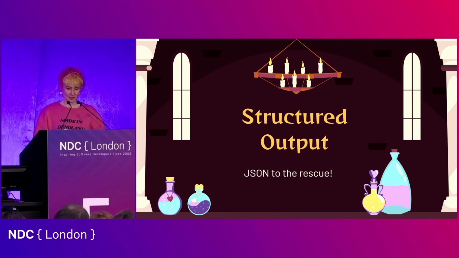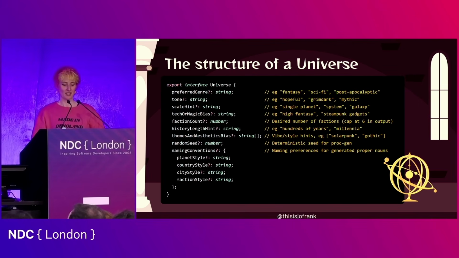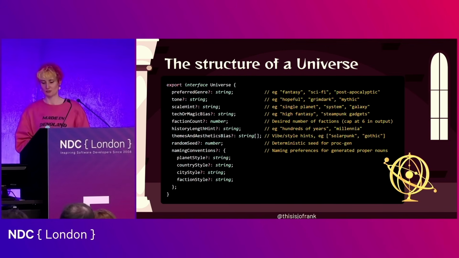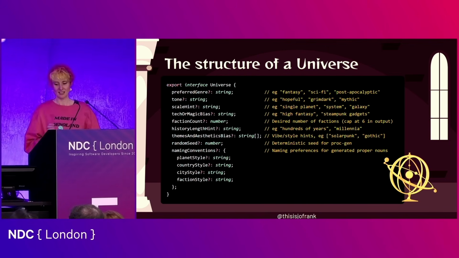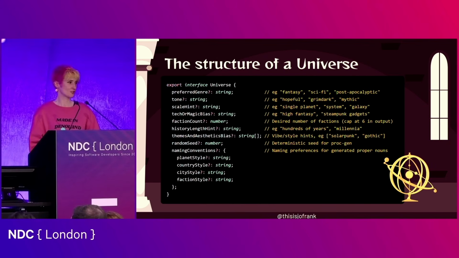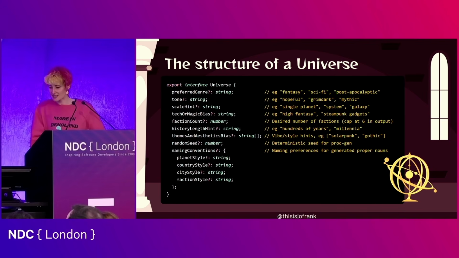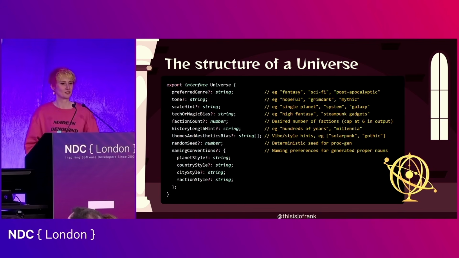So let's have a look at a type for a schema to fit a universe. This is a suggestion that I made. Our universe has to have a genre. Are we in a sci-fi world? Are we in a fantasy world? Are we in the Wild West? What is the tone of this universe?